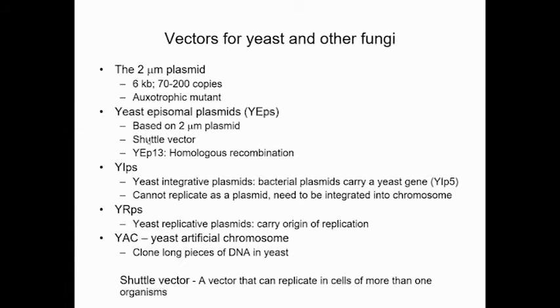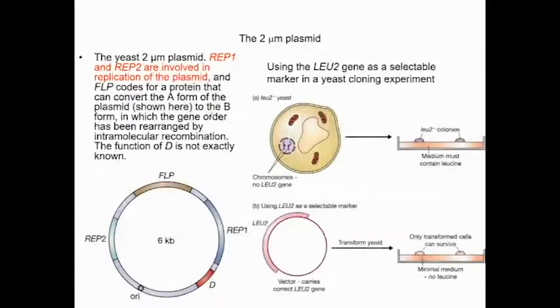And YAC, that's yeast artificial chromosome. And there's also another one called BAC, a bacterial artificial chromosome. Okay, so these are the commonly seen vector types for the yeast and other fungi.